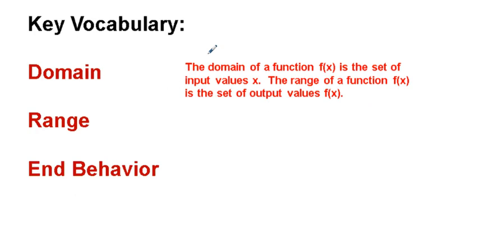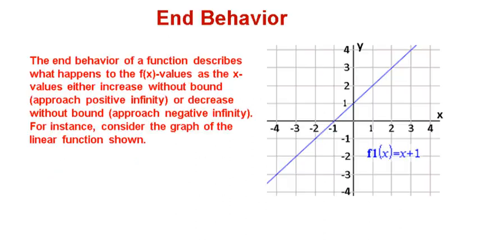Next, the domain of a function f of x is a set of input values x. The range of a function is a set of output values f of x, or y. You'll see that as y sometimes. The end behavior of a function describes what happens to the f of x values as the x values either increase without bound, approach positive infinity, or decrease without bound, approach negative infinity. For instance, consider the graph of a linear function shown, f of x equals x plus 1.